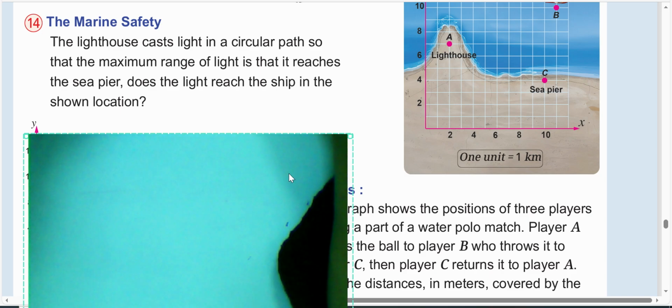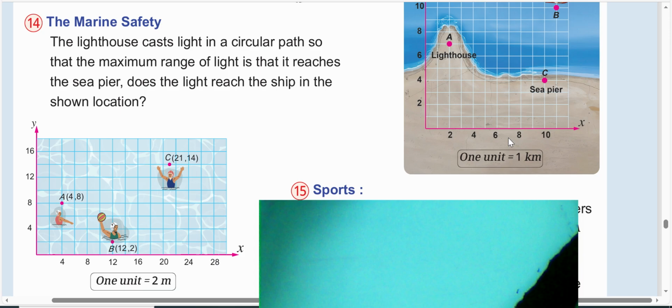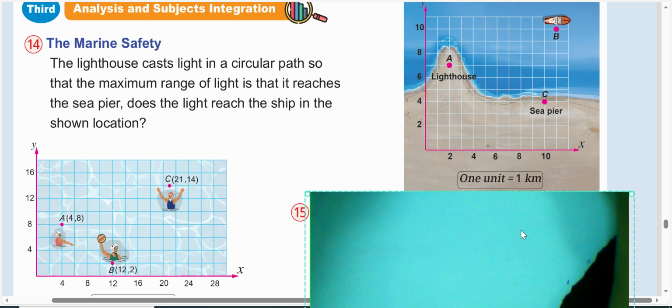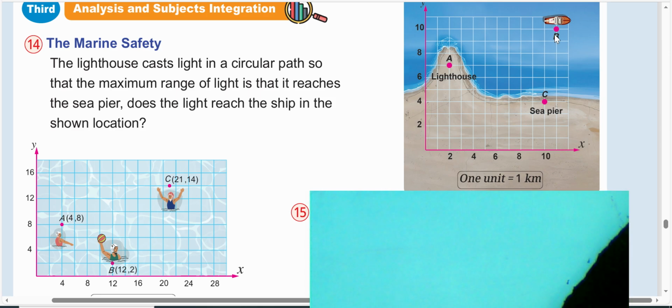Does the light reach the ship in the shown location? Okay, you want to find the distance. The maximum range of the light is how far it reaches the ship. Okay, 1 2 3.